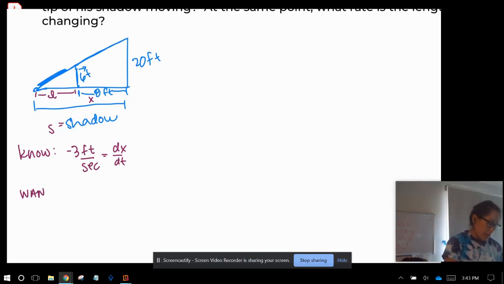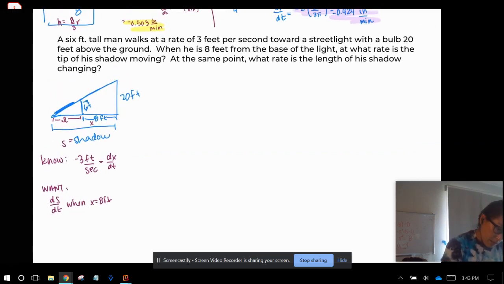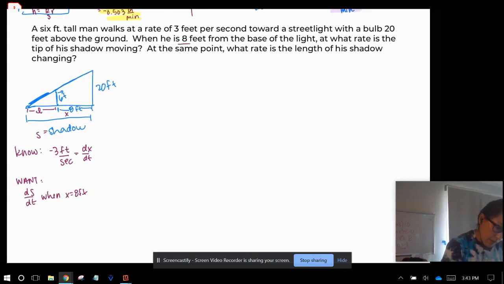We want ds/dt when x is equal to 8 feet. So we'll go back and revisit that. So when he is 8 feet from the base, what is the rate the tip of the shadow is moving? So we want to know the rate of the shadow, okay?